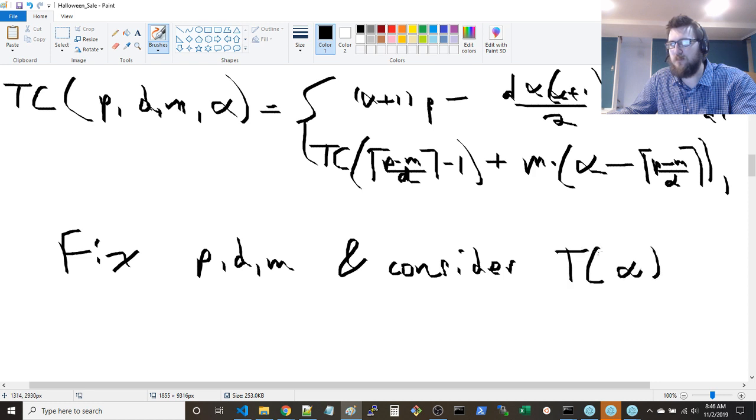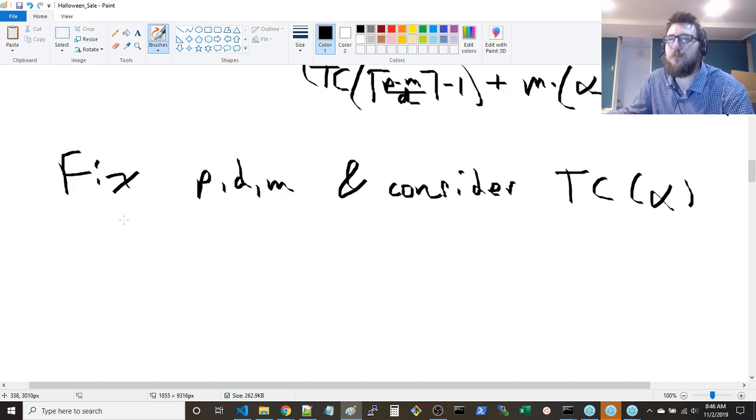And consider TC of alpha. Oops, C is kind of awkward to use when you're using parentheses. I should just use T. So TC of alpha is whatever this total cost is.